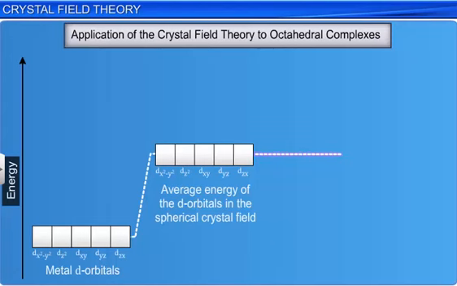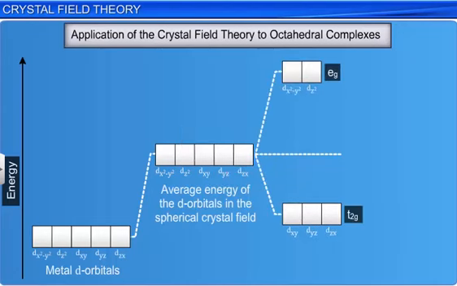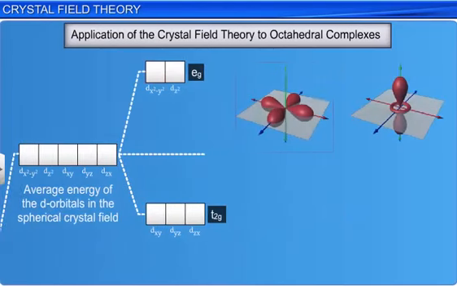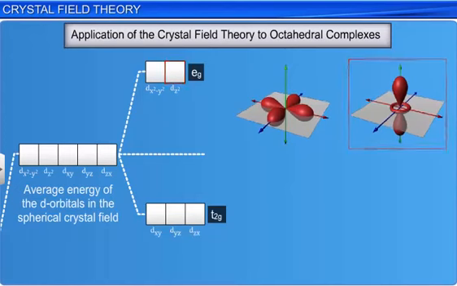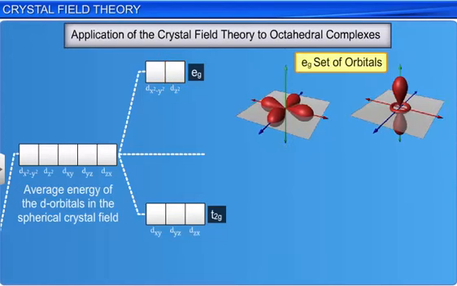However, out of the 5 d orbitals, 2, that is, the dx2-y2 and dz2 orbitals, which are collectively known as the Eg set of orbitals, are oriented along the axes towards the direction of the ligands.